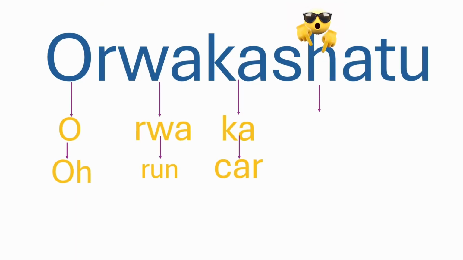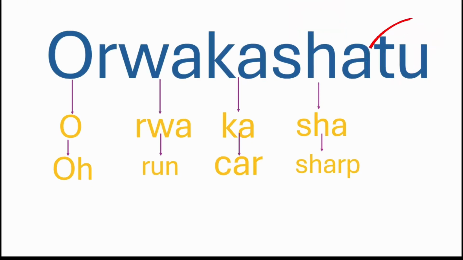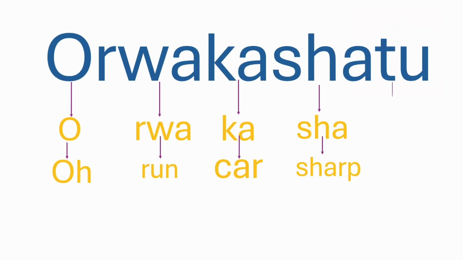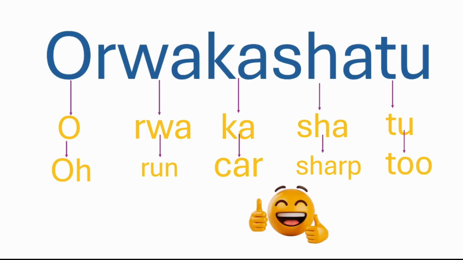SHA is sha, as in the English word sharp. Orwakasha. T and U is tu, as in the word two. Orwakashatu. So the Rukiga word for Wednesday is Orwakashatu.